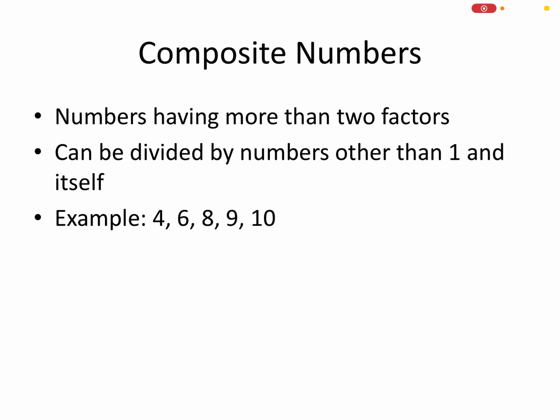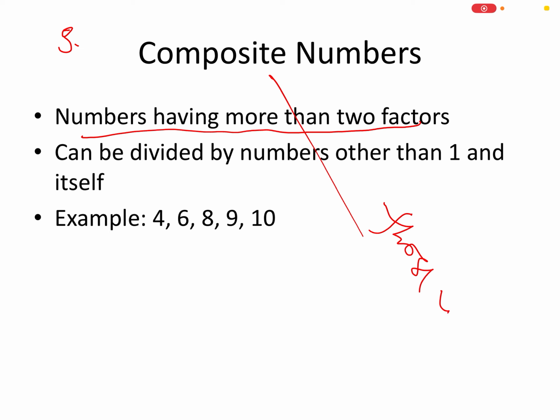Now moving to the next one, that is the composite number. Who are the composite numbers? The numbers having more than two factors. If we are not going to be more technical, we can say those who are not prime, they are composite.